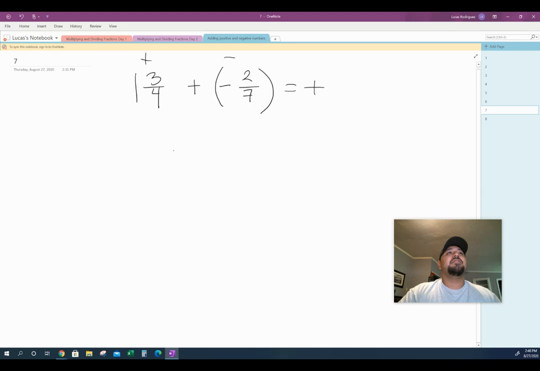So 1 3/4. I'm going to do see you around Texas to turn it into an improper fraction. So it's going to be 4, 5, 6, 7. It's going to be 7/4. And I am going to subtract that.